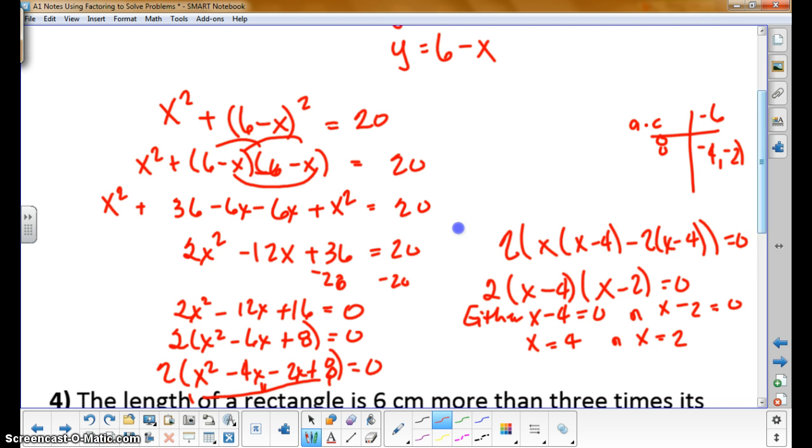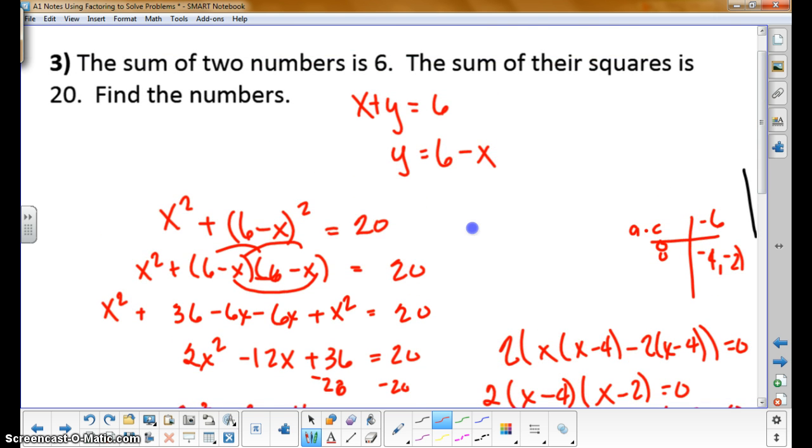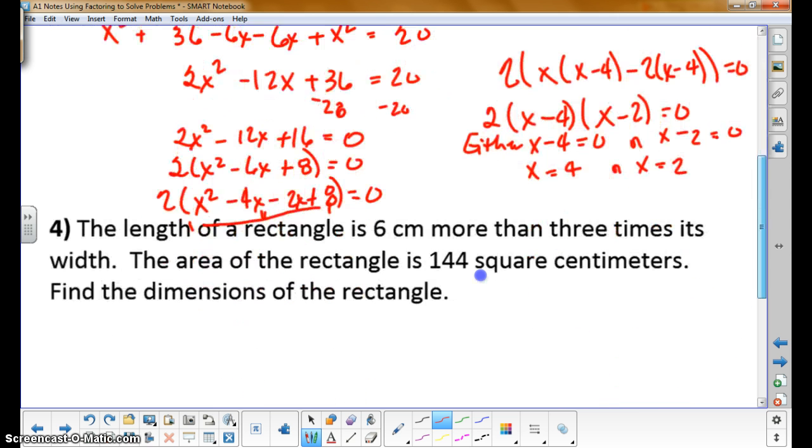Okay, so x times x plus 2 is equal to 120. So we have x squared plus 2x is equal to 120. And we move the 120 over, and we get x squared plus 2x minus 120 is equal to 0. Now once again, you're going to come out with two answers. And you're going to use these criteria up here to determine whether you need to eliminate one answer.